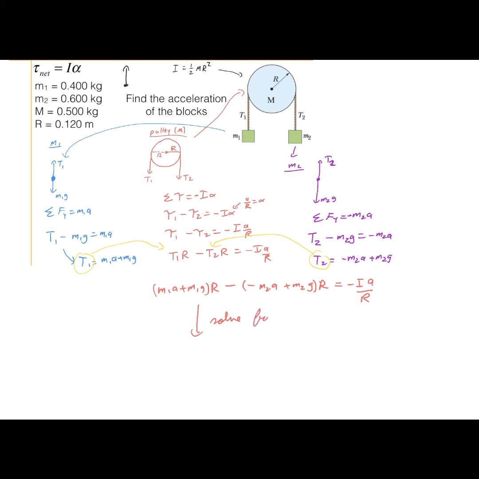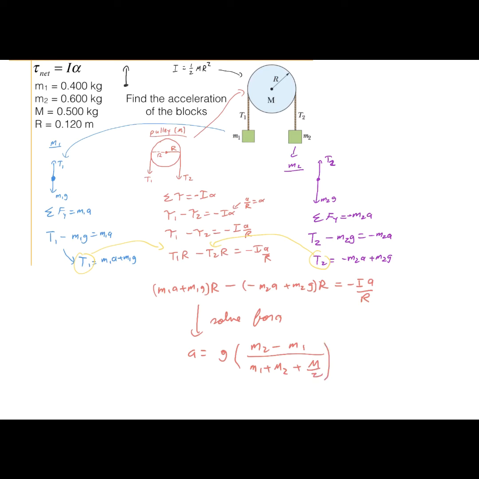We want to solve this for A, and let's take my word for it, or you can try it on your own if you want to have some fun. It's going to be M2 minus M1 divided by M1 plus M2 plus capital M over 2.